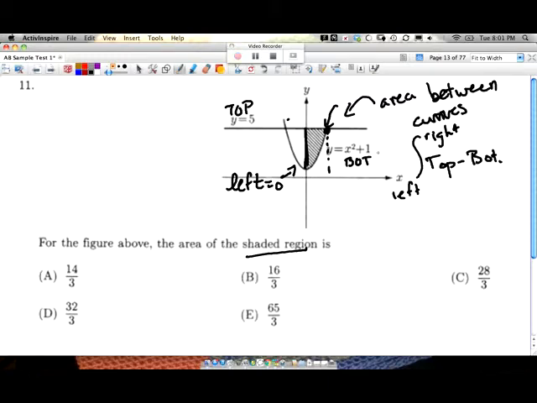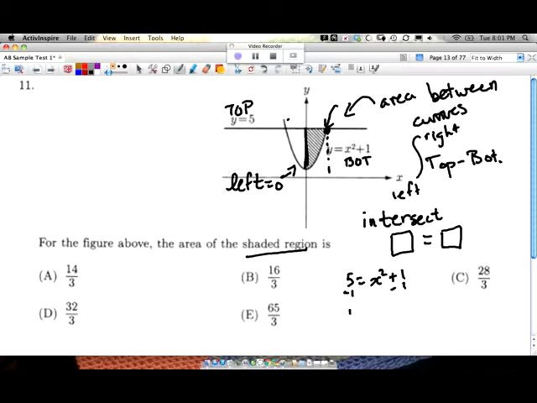Alright, that's not too bad. Well, what else are we looking at here? It looks like we can find where these two things intersect. Oh, that's a good idea. So when we look at the intersection, an intersect is when something equals something, and in this case it's the two functions. So when does 5 equal x squared plus 1?